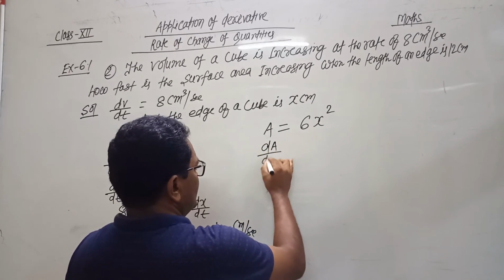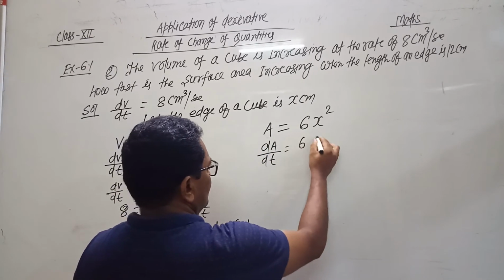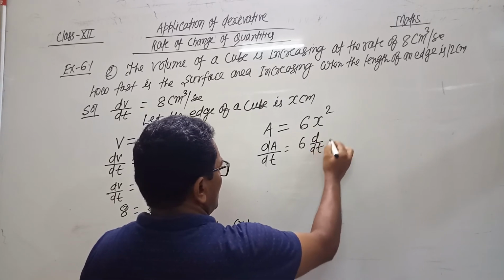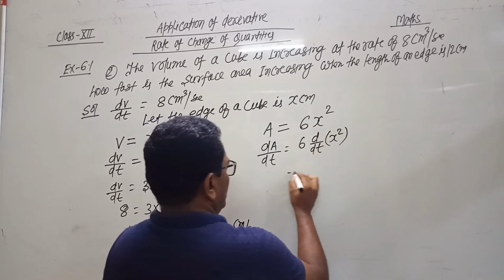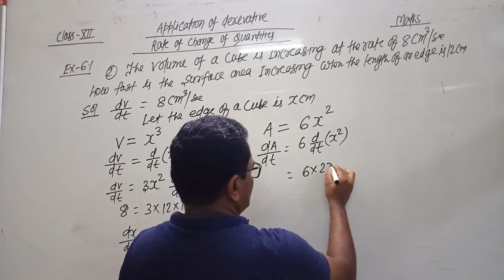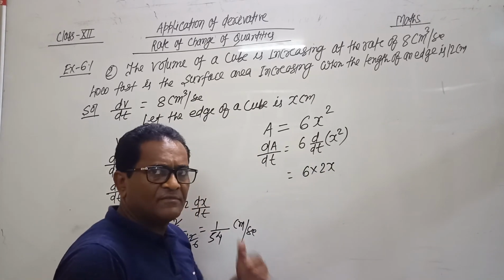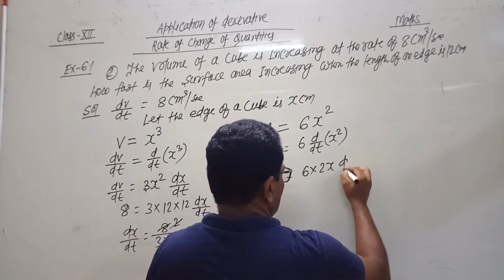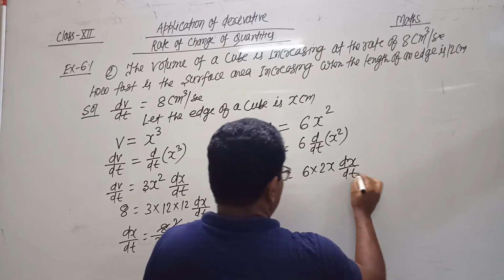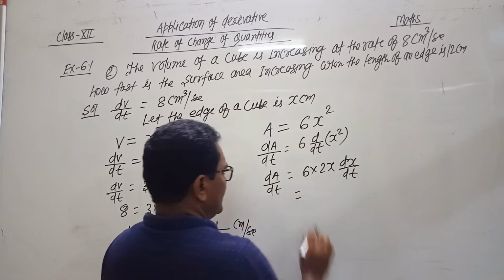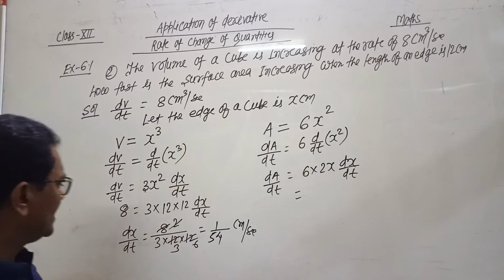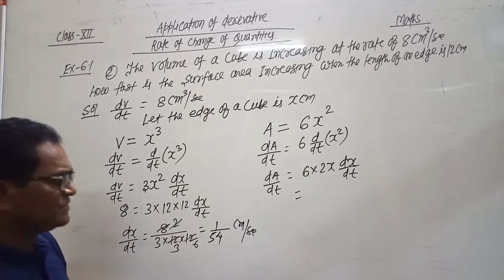So dA by dt, 6 is the constant term, and d by dt of x square gives 6 into 2x, and differentiation of x with respect to t is dx by dt. We have to find dA by dt, and dx by dt we have already calculated as 1 by 54.